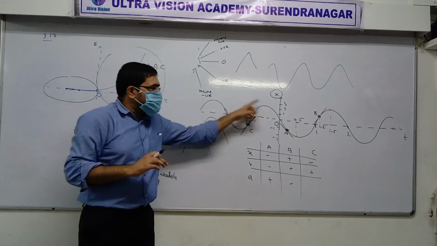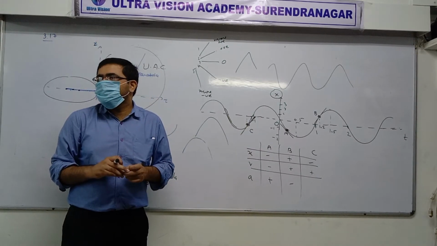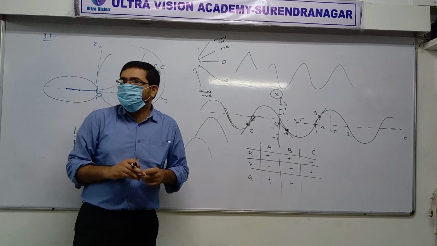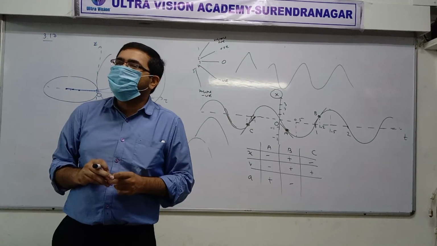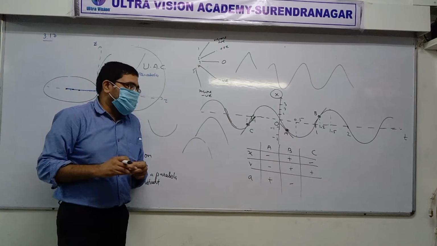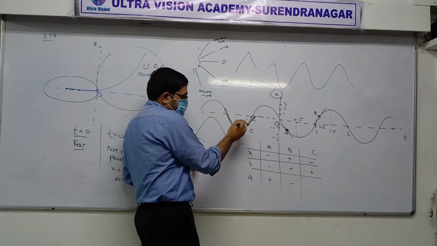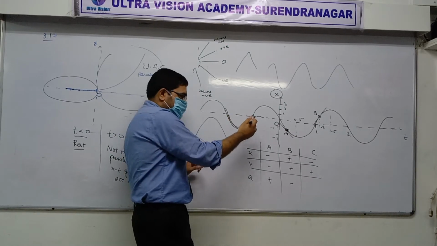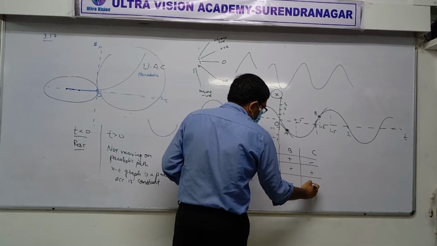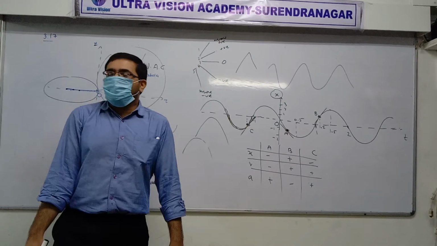It is positive because C is actually a part of this curve. Yes or no? So there the graph is a bowl shape. So the acceleration is positive.